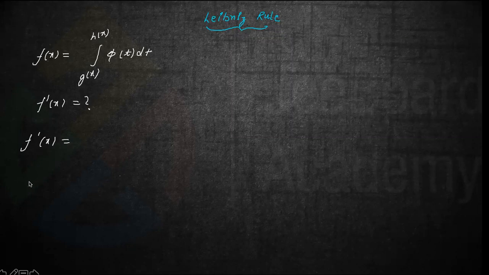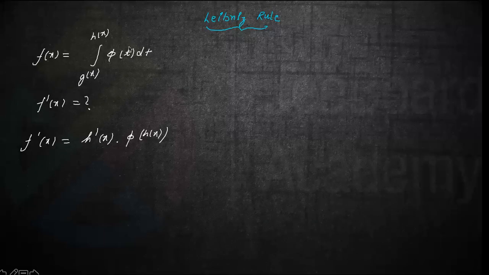So f dash x is equal to, we'll also try to see how this is derived. F dash x is equal to, you remember this in this manner itself. So we have to differentiate the upper limit, h dash x, substitute the upper limit in this function. It is phi of h of x.